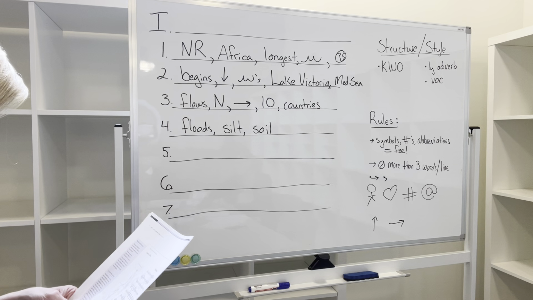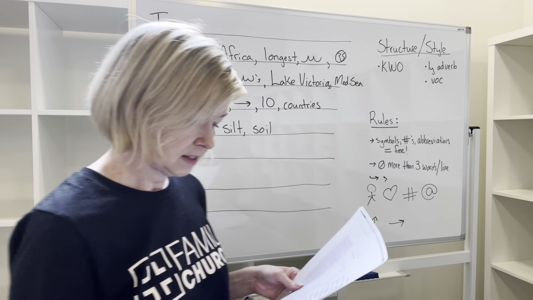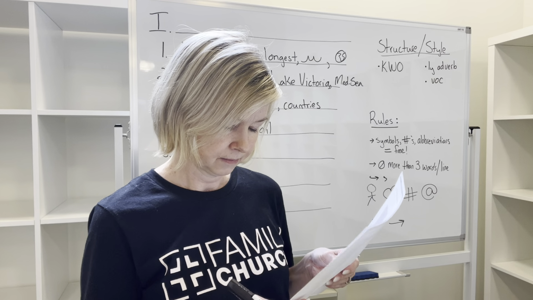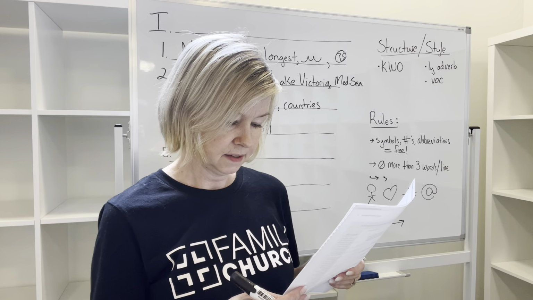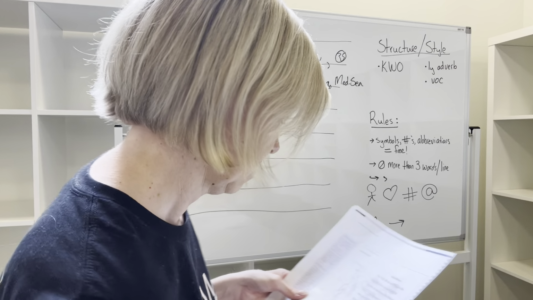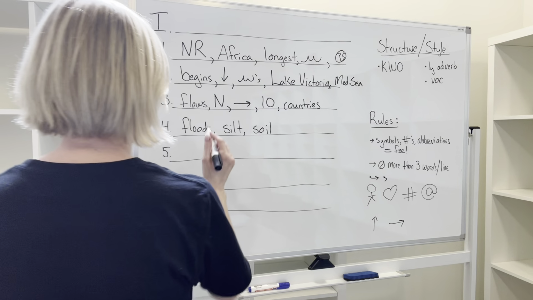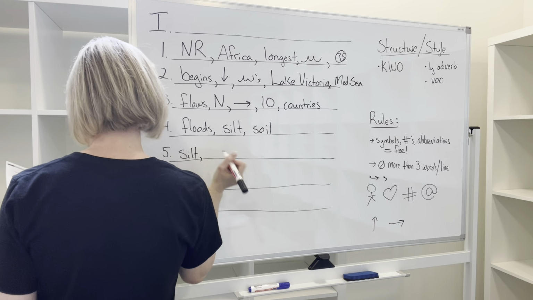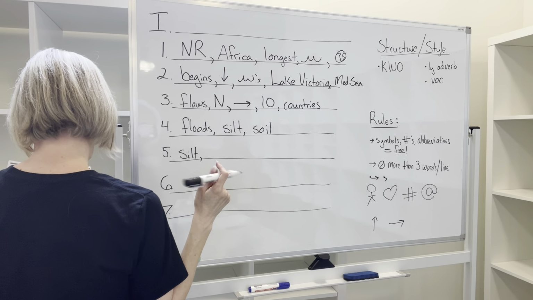Let's do another one. The next sentence is, this silt helps the plants thrive. This silt helps the plants thrive. Okay, so the silt helps the plants thrive.